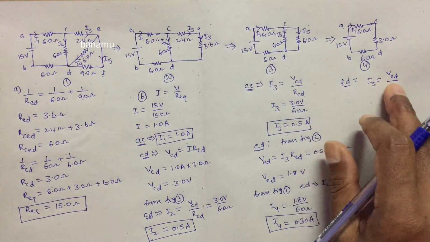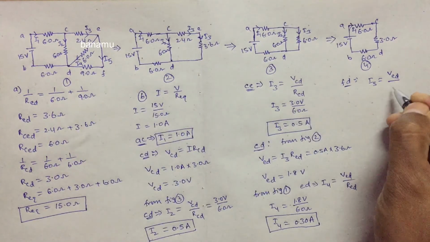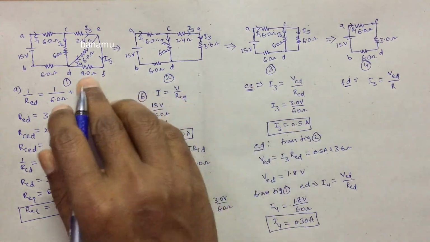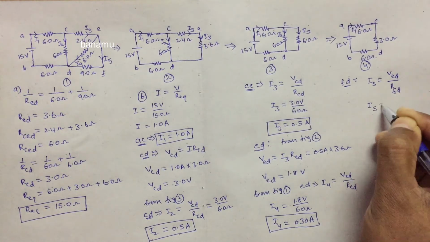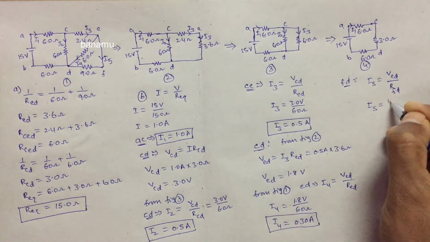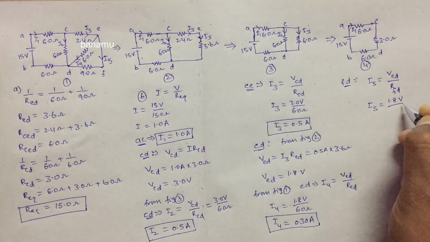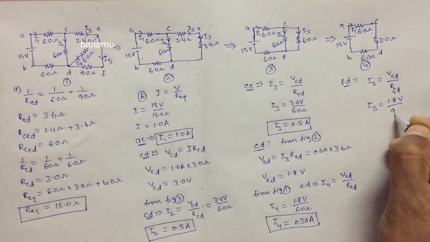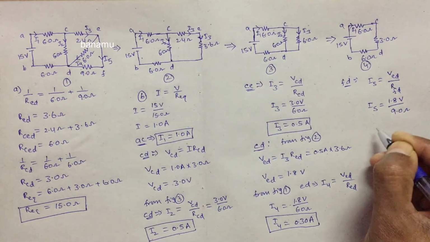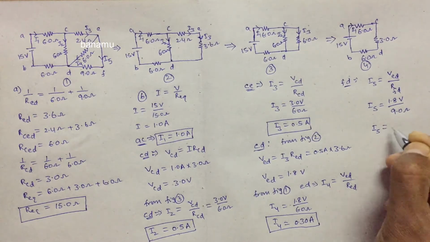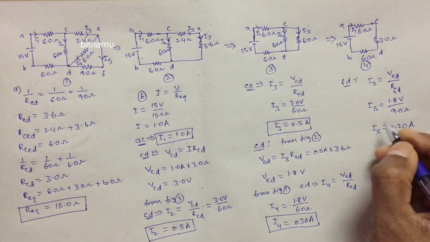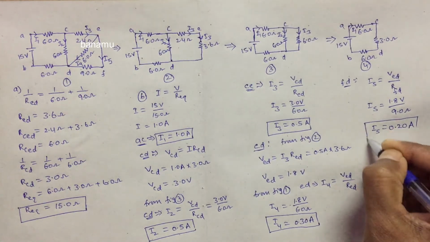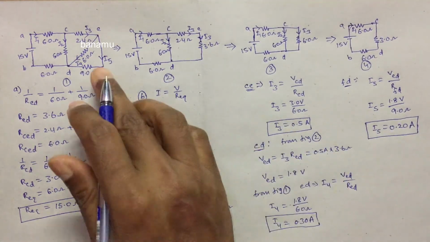So I5 is equal to VED by the resistance RFD, which is 1.8 volts by the resistance of 9 ohms. So I5 is equal to 0.2 amperes. This is the current through the 9 ohm resistance between the points FD.